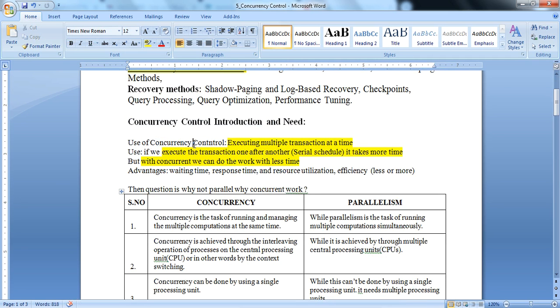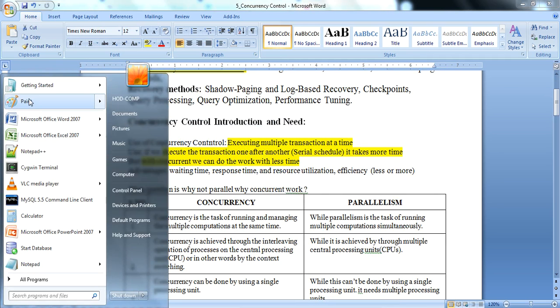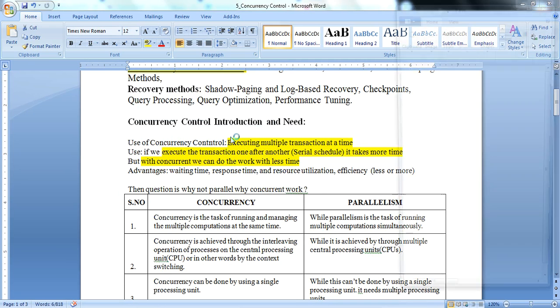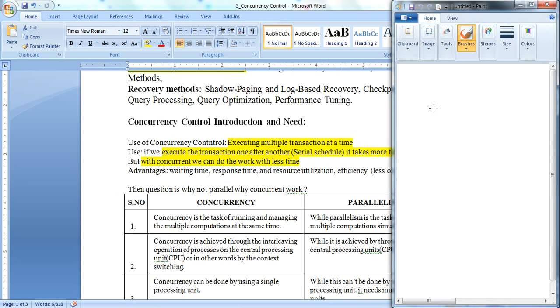Use of concurrency control: executing multiple transactions at a time. For example, when we run multiple transactions at a time, consider schedule 1 contains 2 transactions, T1 and T2.